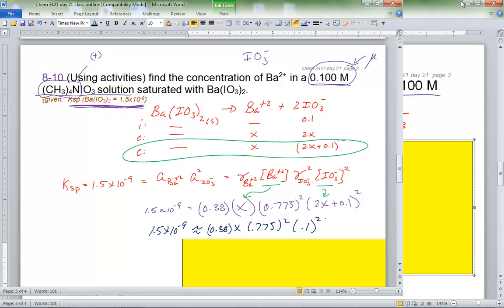And they didn't say find the solubility in grams per liter or anything. They're just after the concentration of barium. They just want to know what x is, which is the same as solubility. They could have asked for the concentration of iodate. That could have just said 0.1, right, if they did.